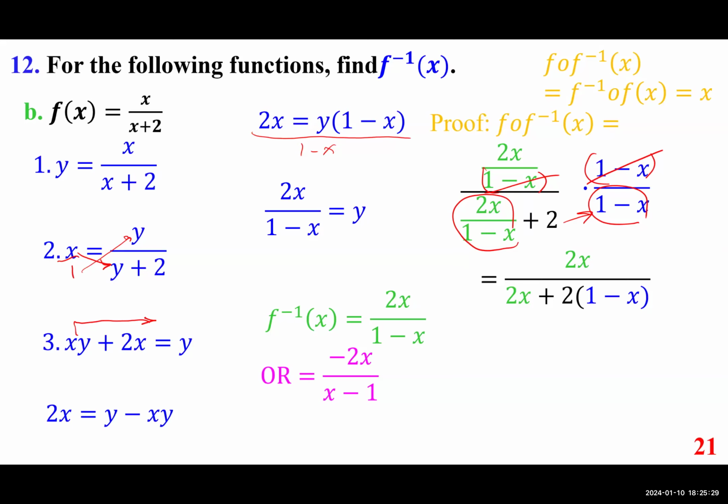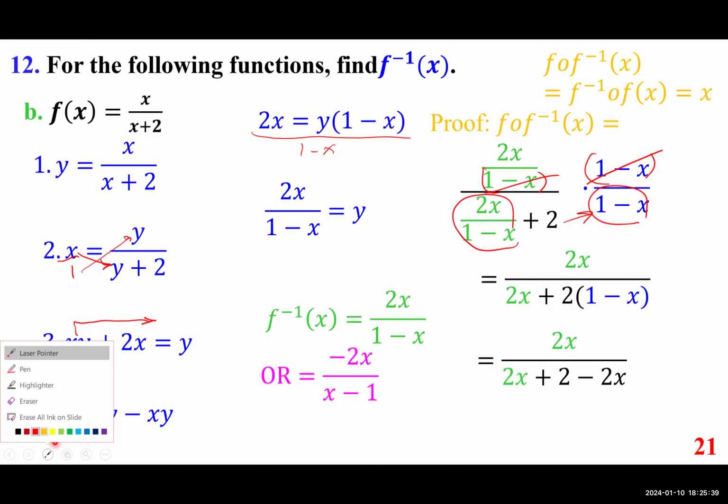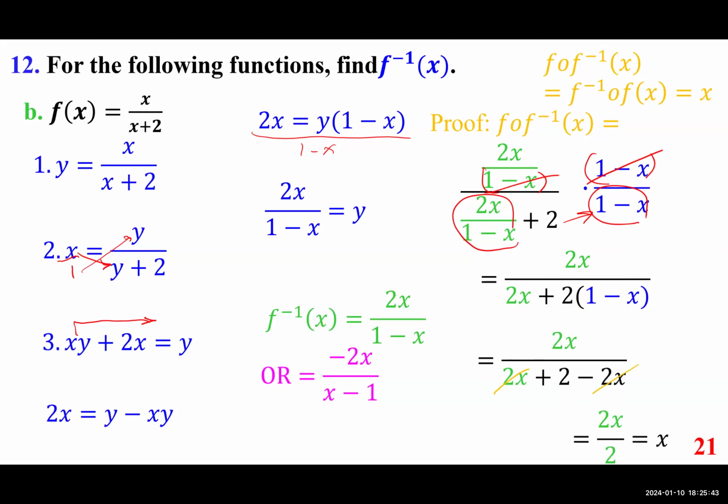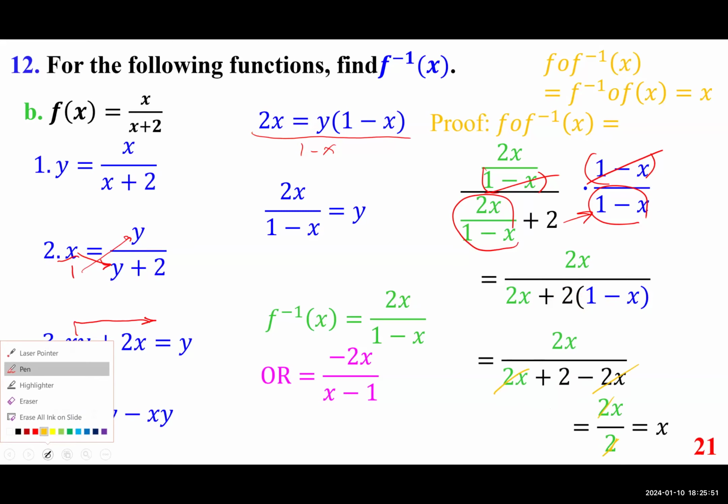Now, of course, this is 2 minus 2x, and these cancel each other. 2x over 2 becomes x. Check marks, and we are fine.